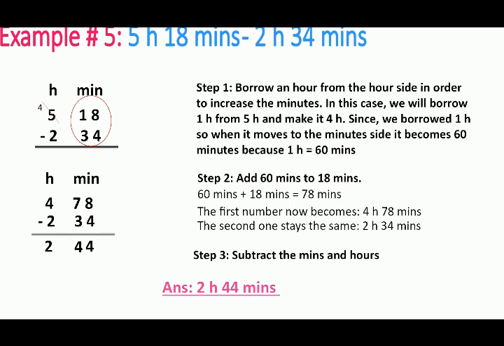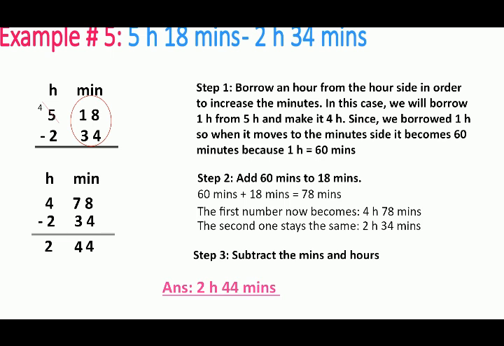As you can see, we cross 5, we make it 4, and because we borrowed an hour from the hour side, we can now add 60 minutes to 18 minutes so that it increases. Now 60 minutes added with 18 minutes becomes 78 minutes, and the first number now becomes 4 hours and 78 minutes, and the second number stays the same, 2 hours and 34 minutes.